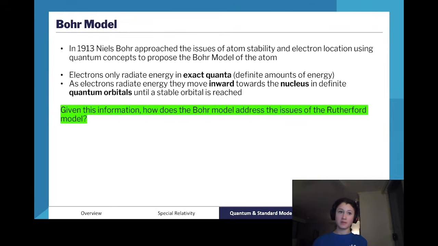So given this information, I'd like you guys to pause the recording and have a think about how the Bohr model addresses the issues of the Rutherford model. Try to remember it from your notes, or try to guess if you haven't learned this in class yet.